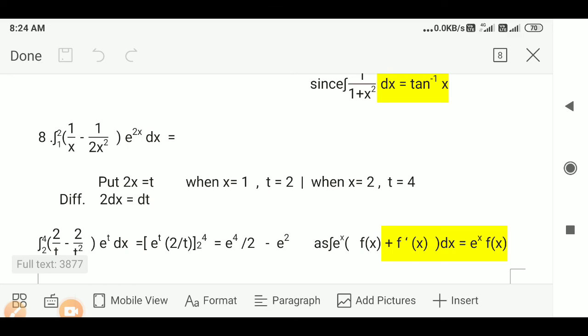So we have to eliminate this 2, but how?